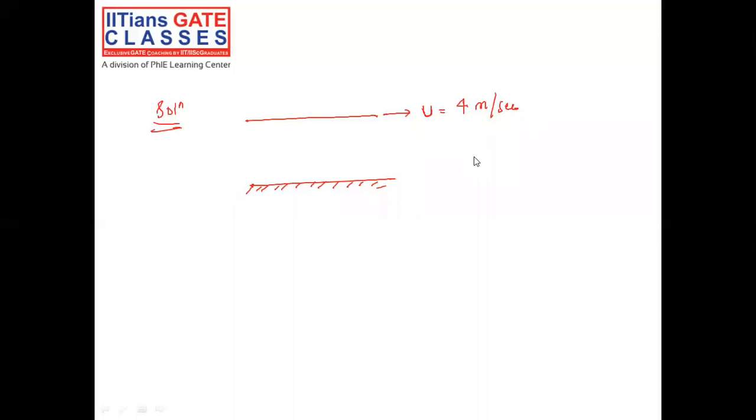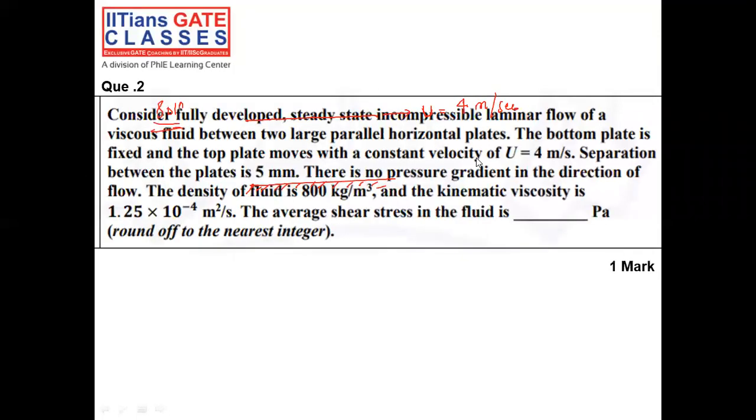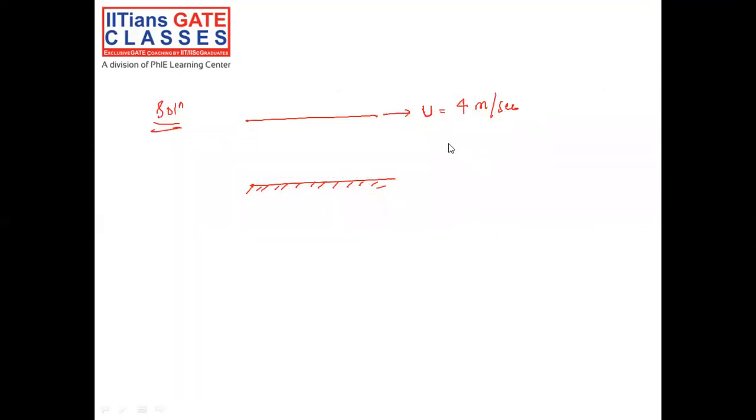Let me write the data first. 4 meter per second, and the distance between the plates is given as 5 mm.